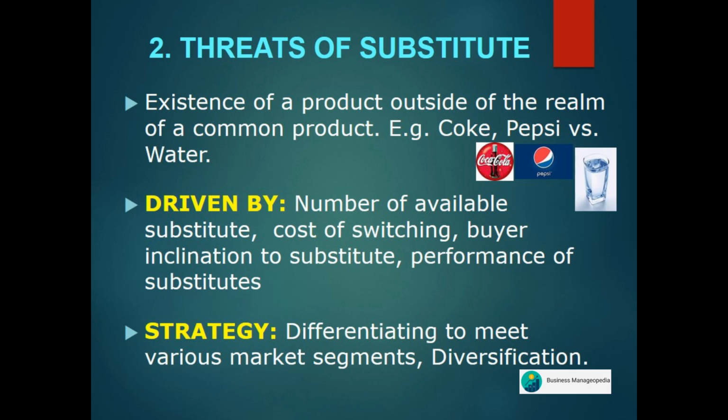If the buyer's inclination to the substitute is high, this is also a threat for your product. And lastly, if the performance of the substitute is better or equal to yours, this can also serve as a threat for your product.